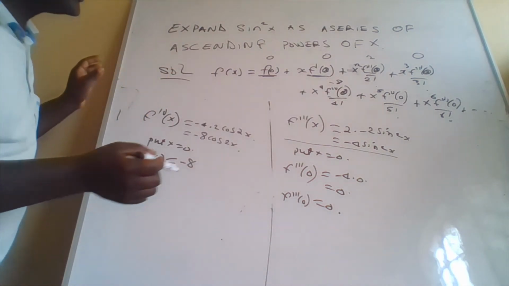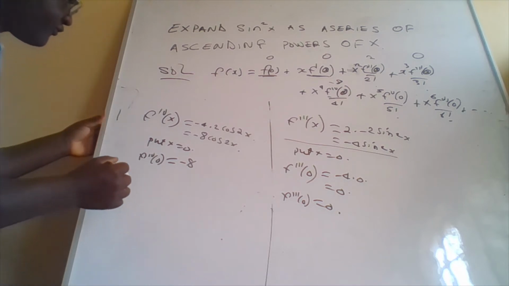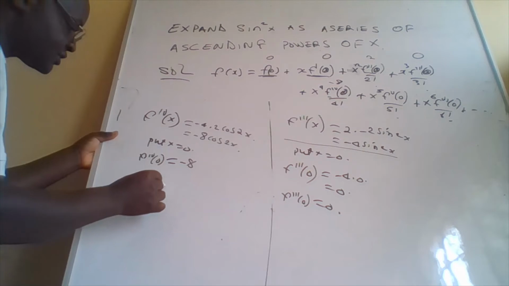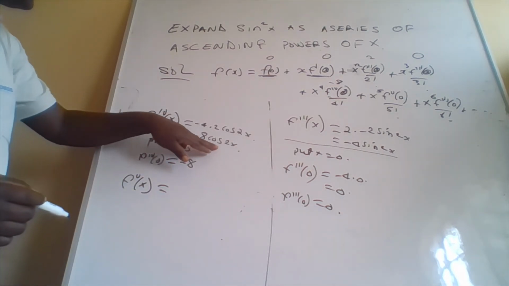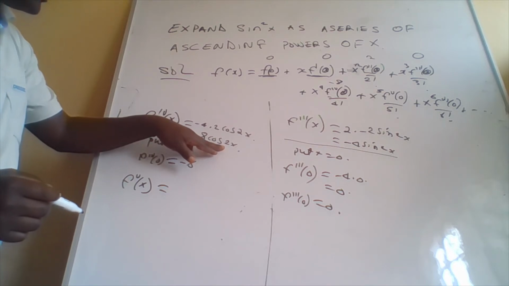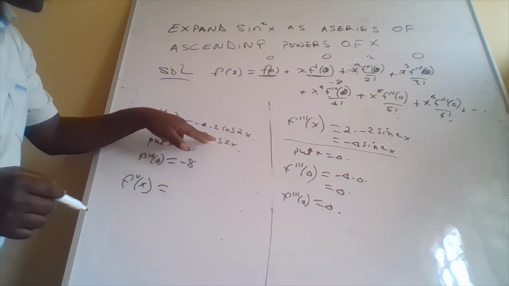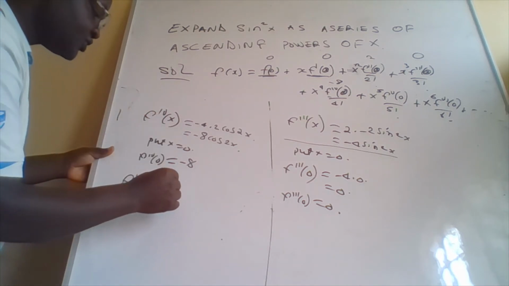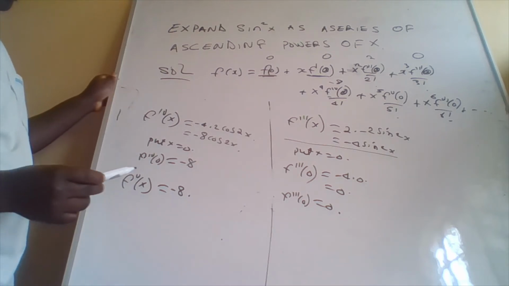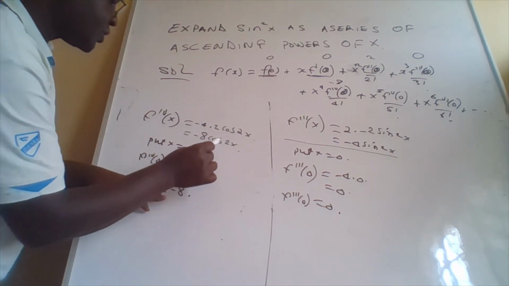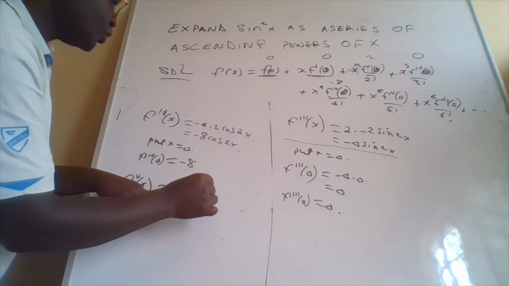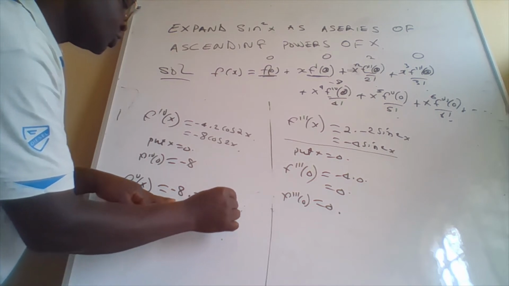So we move on now to get the 5th derivative at 0. We differentiate this equation again. When you differentiate this, you have 8 times, when you differentiate cos 2x, we get minus 2 sine 2x.